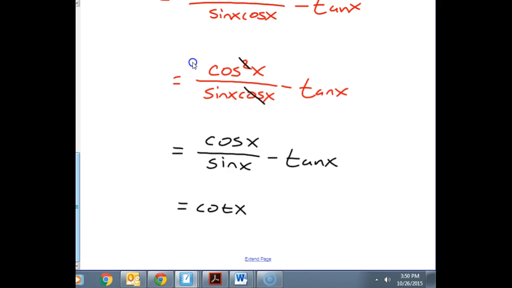So that's cotangent x minus tangent x. Is that what we were looking for? Yes, that was what we were looking for. So we are good. Figure these out. Tangent x like that, and check. There we go.